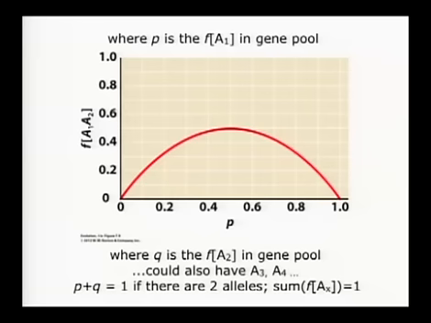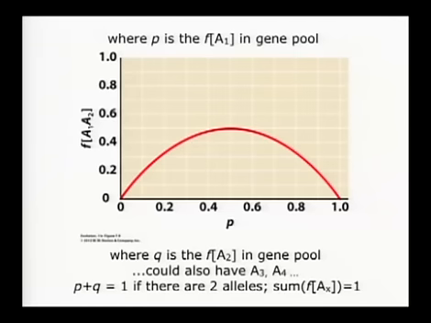And if the frequency of A1 alleles is 0.2, then the frequency of A2 alleles is 0.8 in this very simple model, because we're assuming that we just have 2 alleles. So P plus Q is equal to 1 if there are 2 alleles.